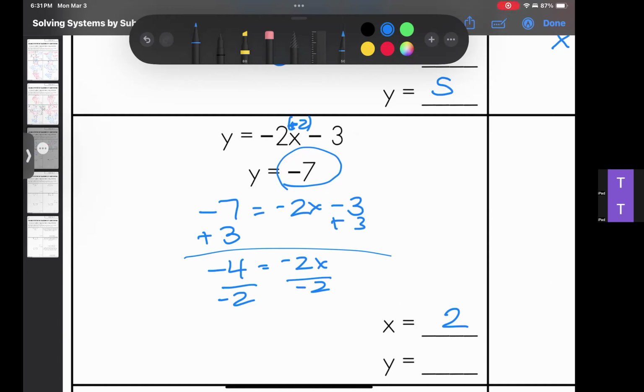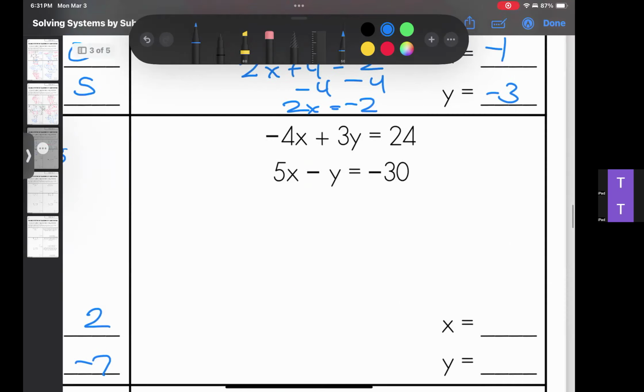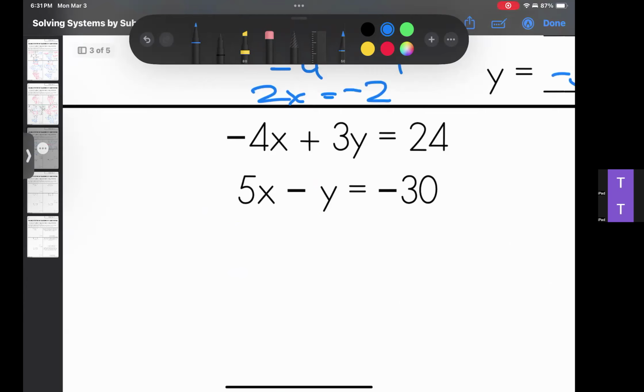So negative 2 times 2 is going to be negative 4 plus negative 3 is negative 7. And then if we plug it in, negative 7 is equal to negative 7. Yes. Okay, gorgeous.